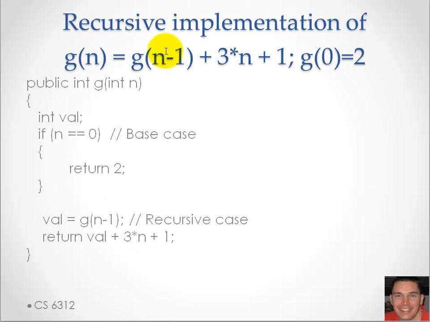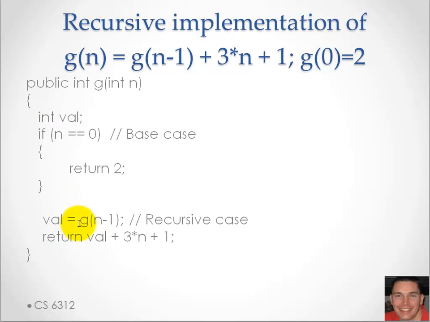To implement this formula recursively, we have our declaration of our method here where we're passing in the value n. We're checking for our base case, because if we've reached our base case, then we're going to return here. In this case, we've reached G0, so we return 2. Otherwise, we're going to return val.